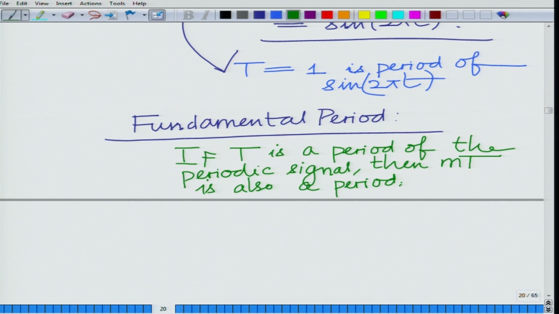Correct? Yes or no? Because mT is also a period for any integer m.